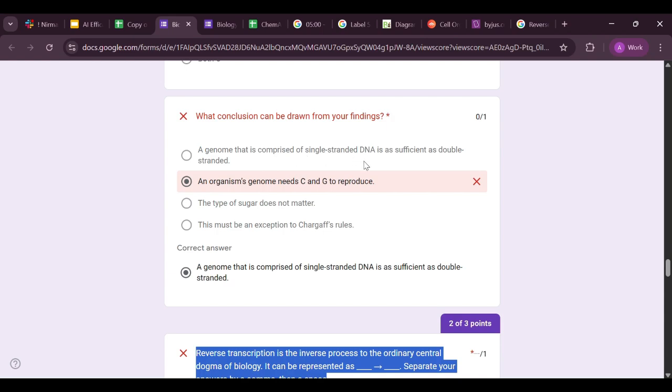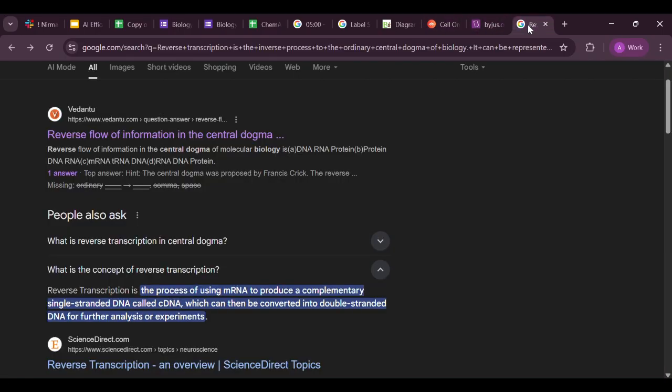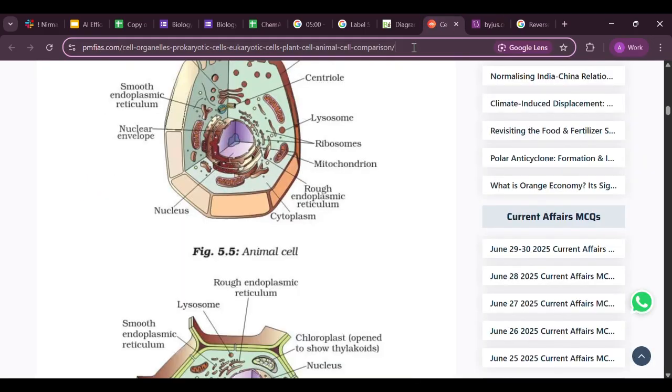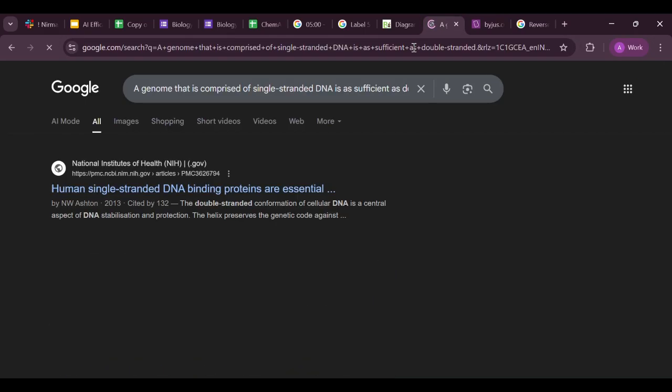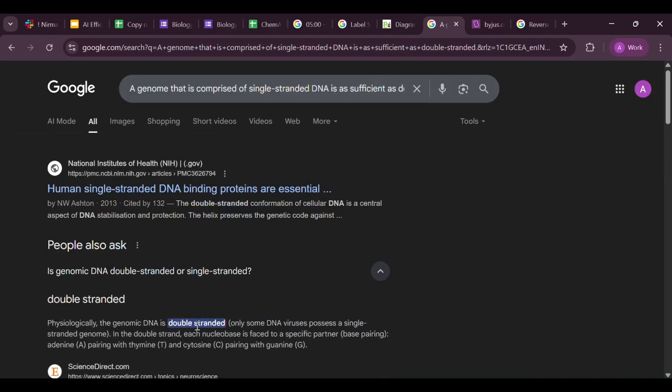Let's check whether it is true or not. Okay, we are not able to get the correct answer of this.